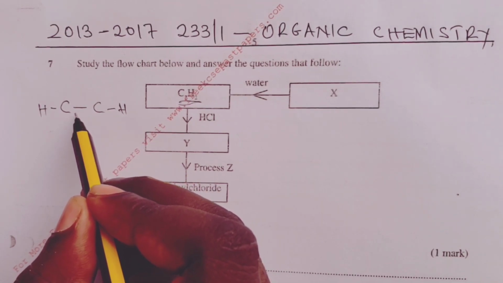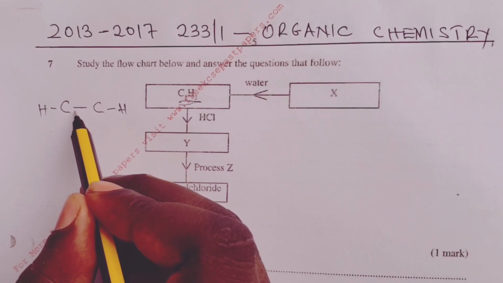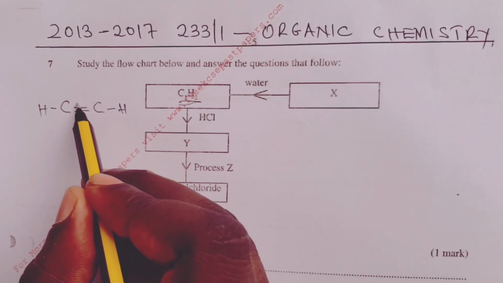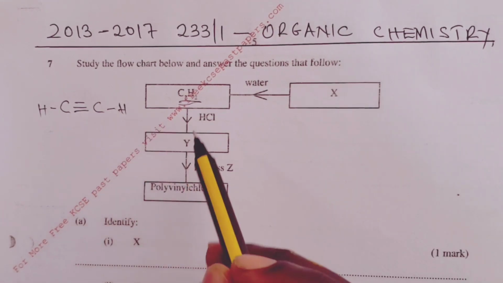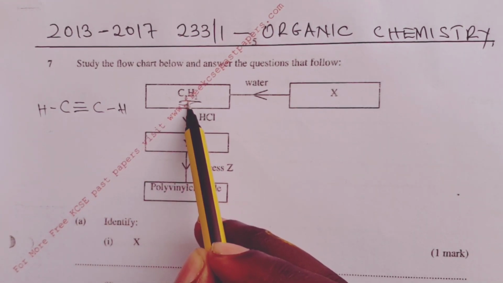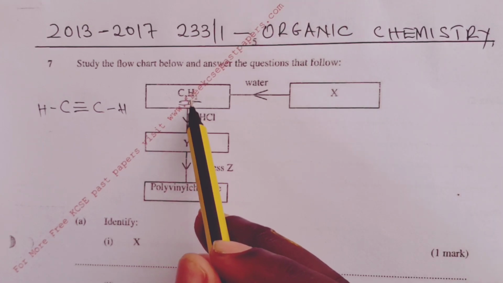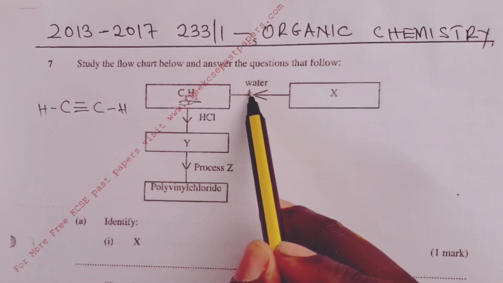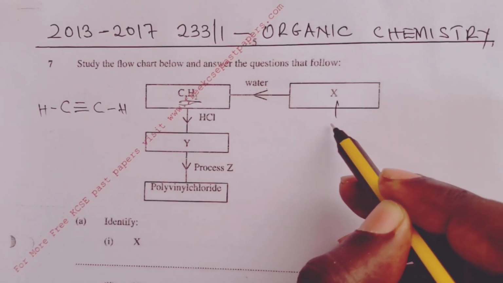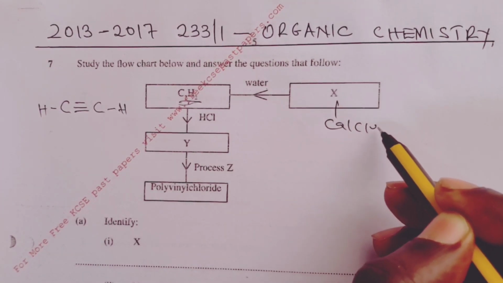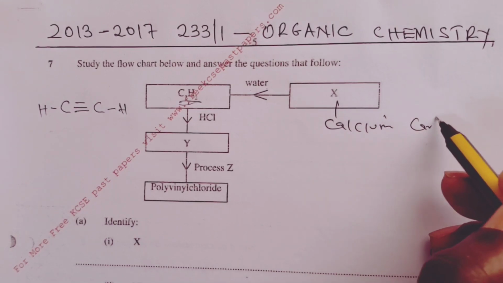It is worth noting that we are supposed to have a triple bond between the 2 carbon atoms. So this is ethyne. Ethyne is normally obtained when we react water with calcium carbide, and calcium carbide now becomes our substance X.